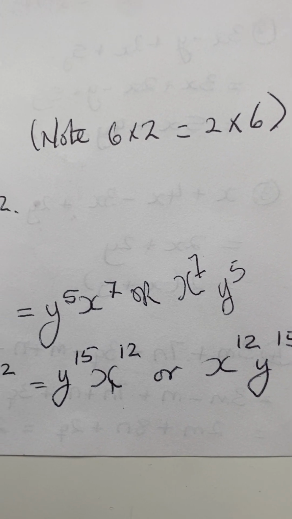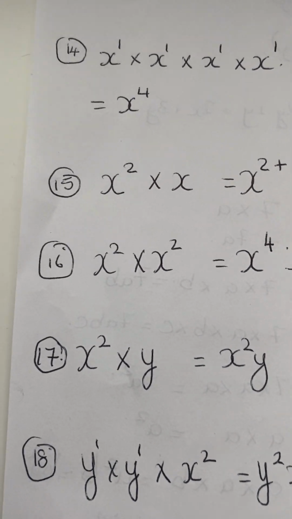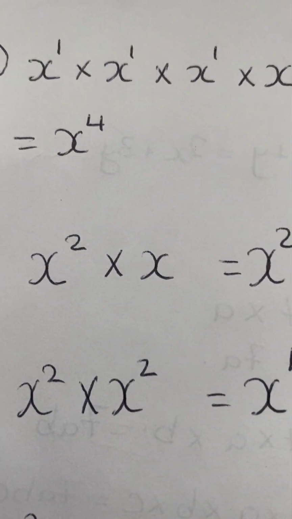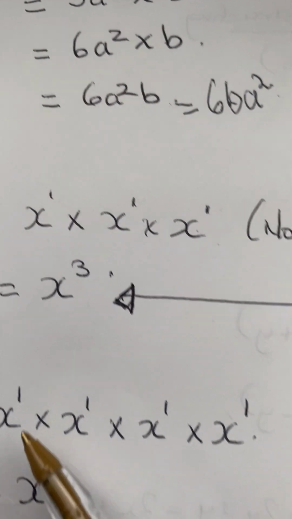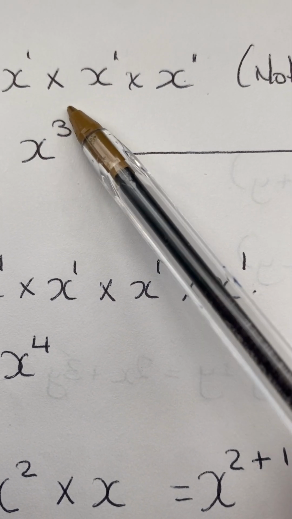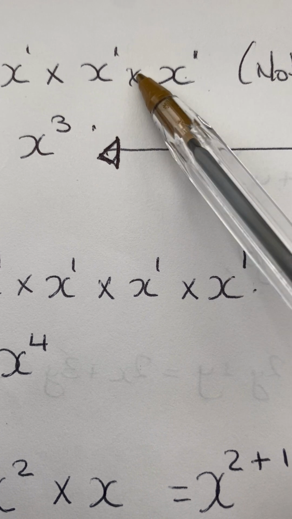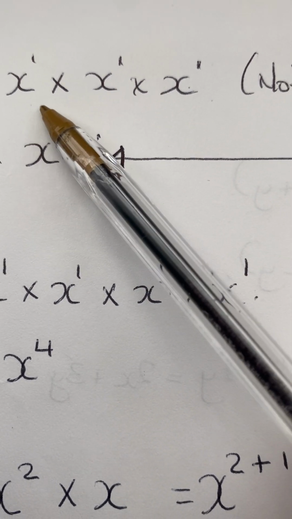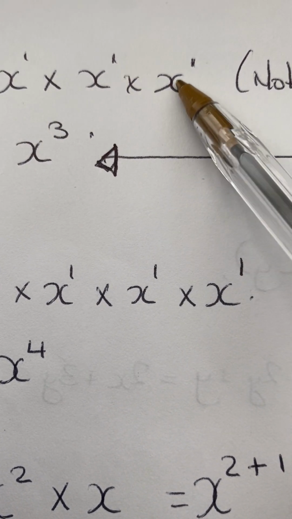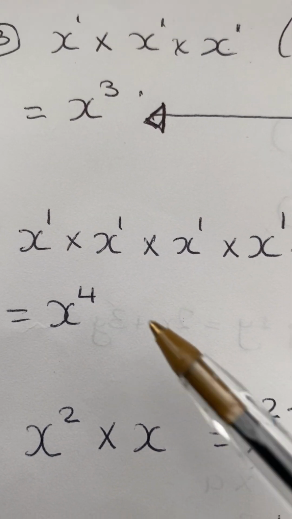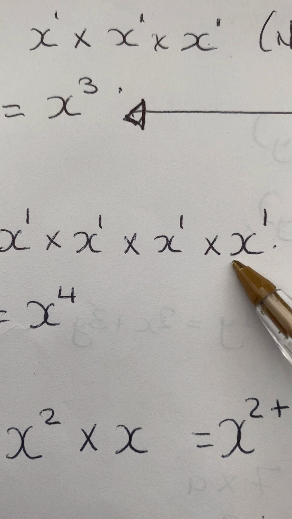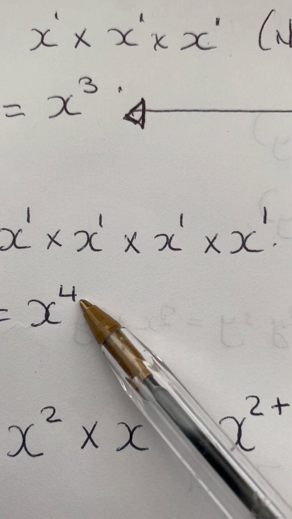Okay, so this is what I wanted to share with you today. As we've seen, if we have x times x is x to the power 2. Here we have x times x times x is x to the power 3. Here x repeats itself 4 times, so we have that.